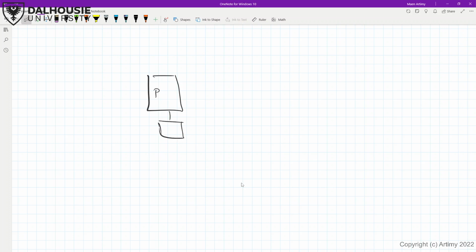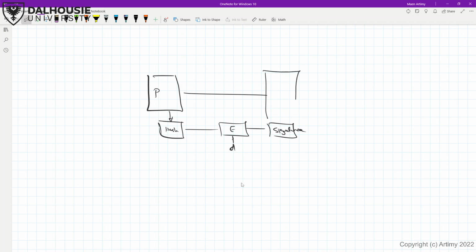So you generate a hash, which is shorter, right? You encrypt the message with one of the keys, usually your private key, and that generates the signature. You send the message with the signature, both.